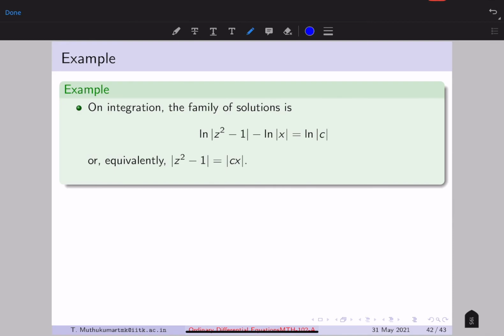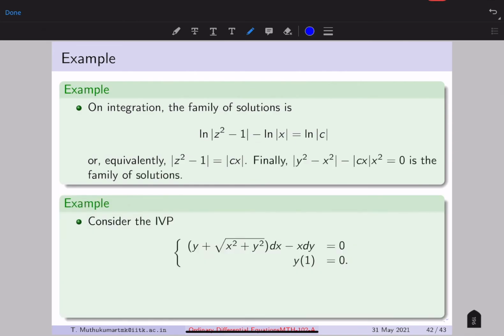So this is equivalently z square minus 1 equal to cx. This is your one parameter family of solutions in the z and x variables. You can rewrite it in terms of x and y by replacing z with y over x. So you get y square minus x square, and this is the one parameter family of solutions in the x and y variables.